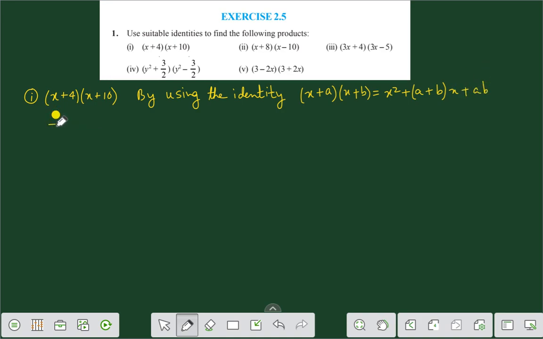That is, we are getting (x + 4) into (x + 10). Then we will get x square plus (a + b), that is 4 plus 10, x plus 4 into 10.